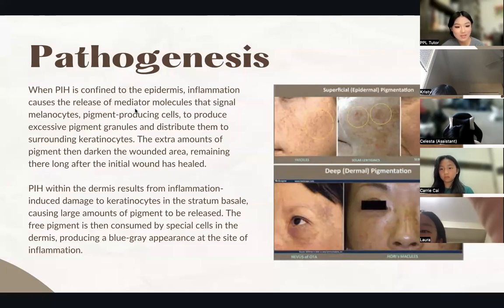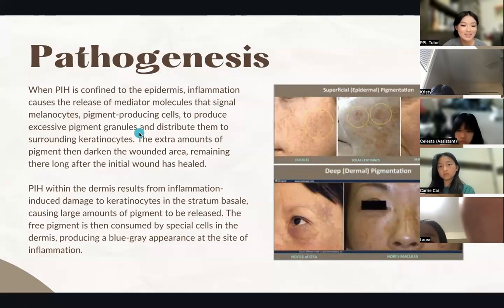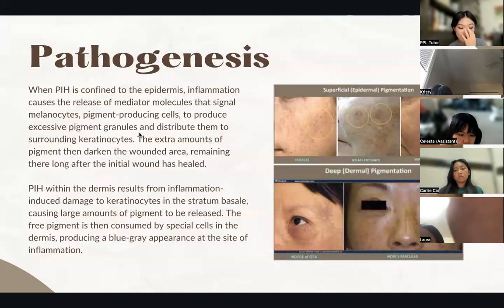Remember, melanocytes are the pigment-producing cells that cause melanoma, the type of cancer we talked about last time. That pigment then distributes itself to the surrounding skin cells, which leaves behind the characteristic dark brown mark because of that extra melanin.